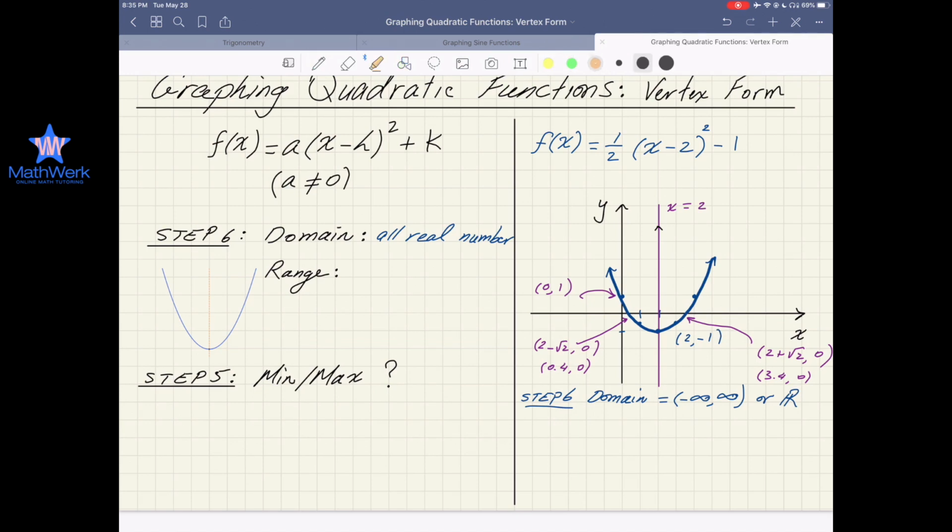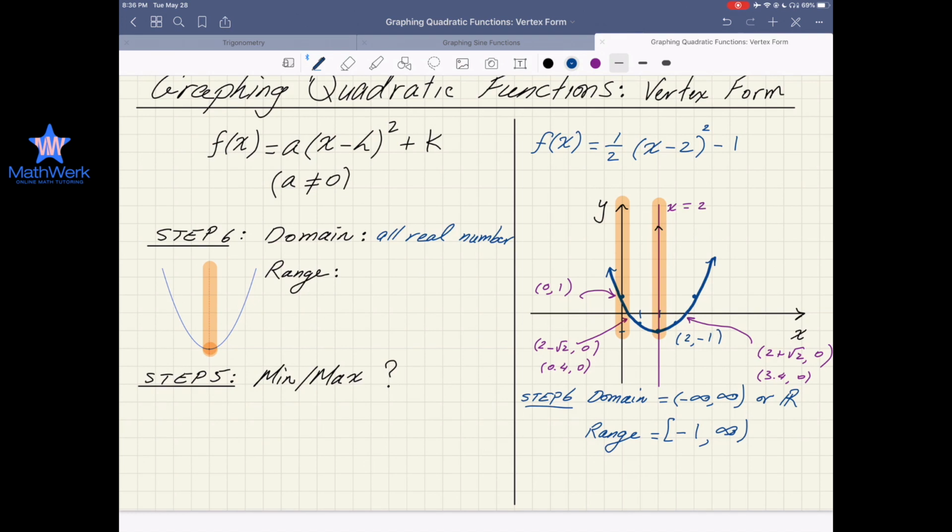So we're going to consider the lowest point all the way up, the y values. For us, shading this part is equivalent to shading this part on the y-axis. So for the range, we have the lowest value is negative 1, and there is no highest value, so that's infinity. So we put a bracket right here.